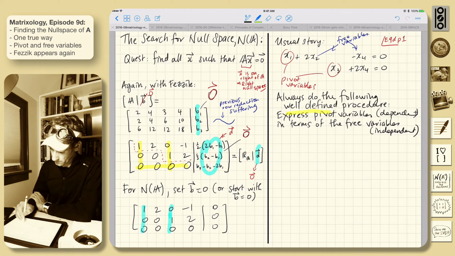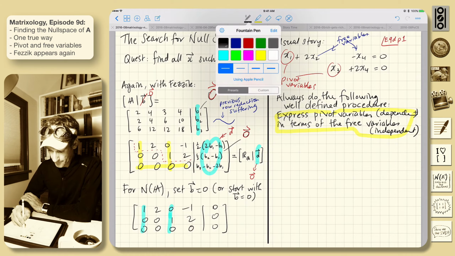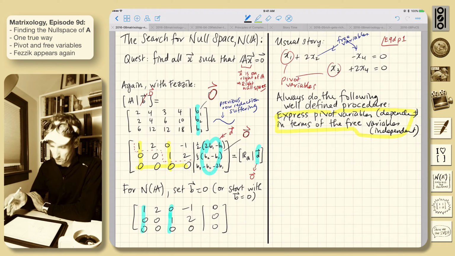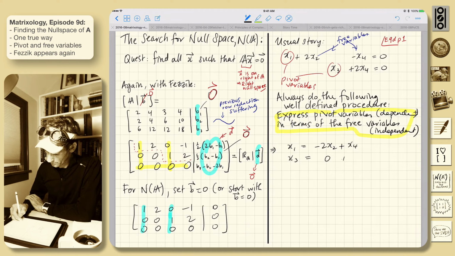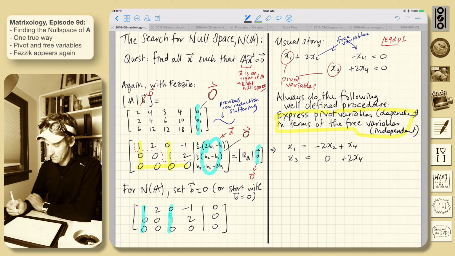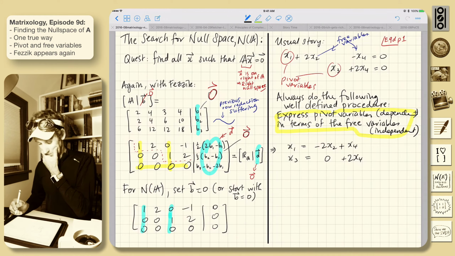So let's do it. This equation becomes x1 equals minus 2x2 plus x4, and the second one is x3 equals 0 plus 2x4... with sign as in the equations.